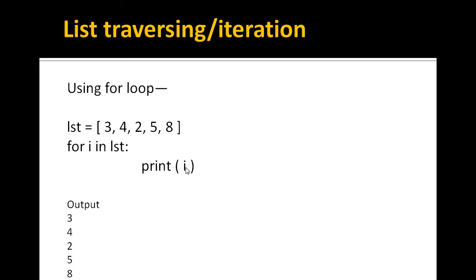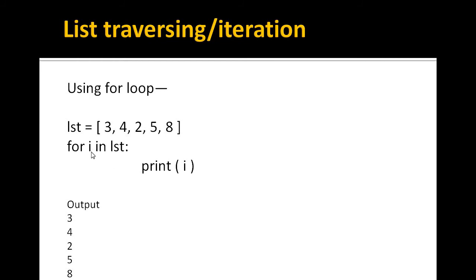So it prints 3. Then again on the for loop statement i gets 4, and the next statement inside this loop prints i equal to 4. So you get the output 4. This way i gets the next value 2, and inside this loop the value of i, that is 2, is printed.